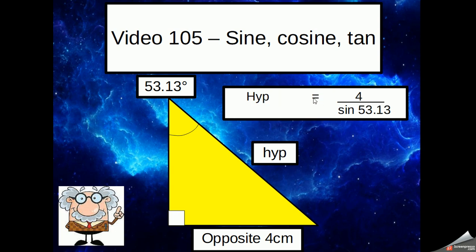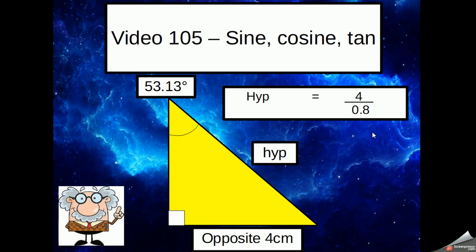Now I've got to move the sine 53.13 down to get it onto the right side, because I just want to find out what the value of hypotenuse is. So I divide both sides by sine 53.13, moving it underneath the 4.